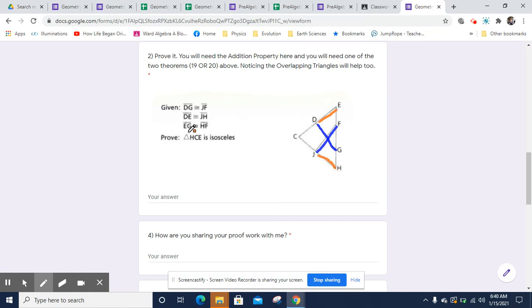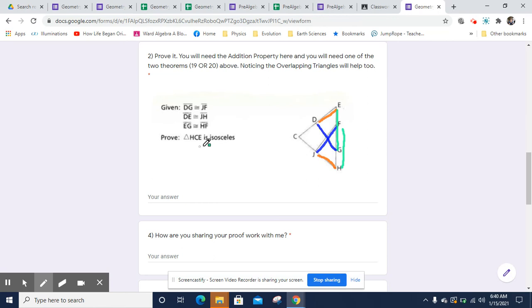And then we also know that EG is congruent to HF. I'll pick a light blue for that. Those two are congruent as well.